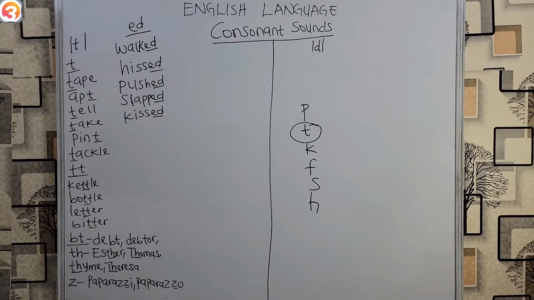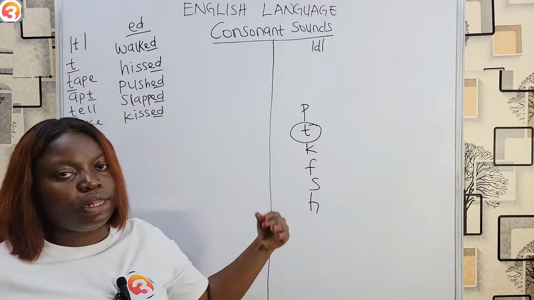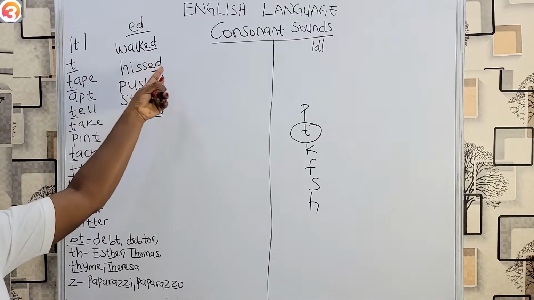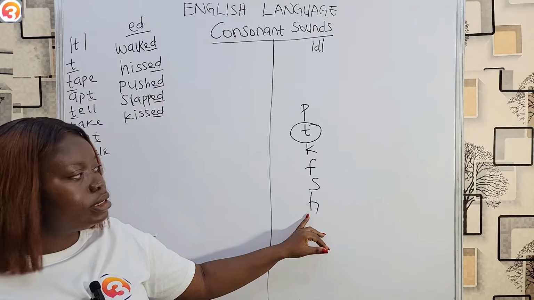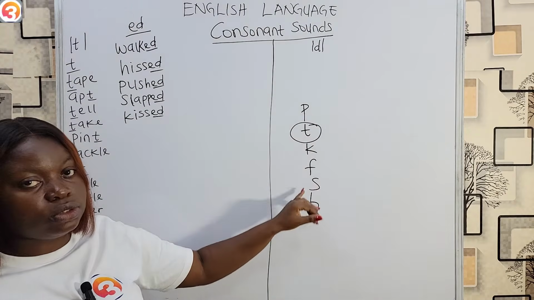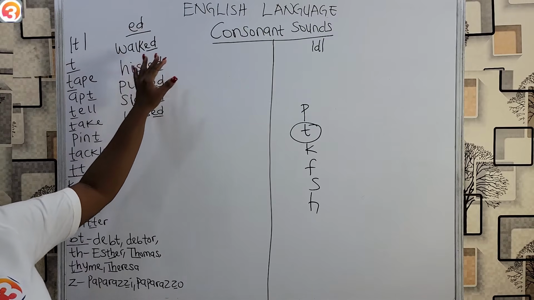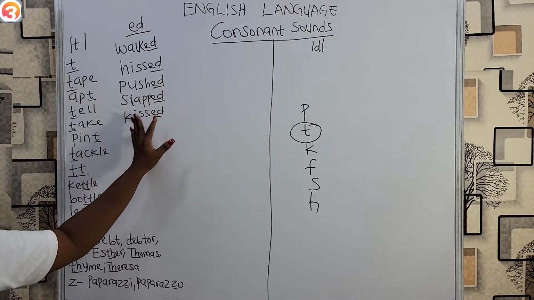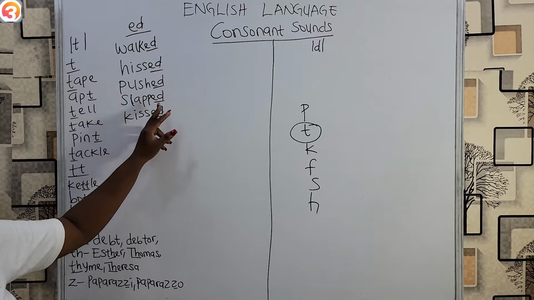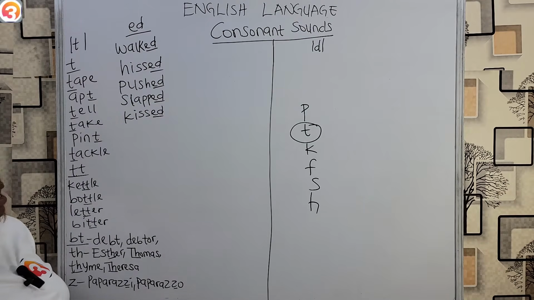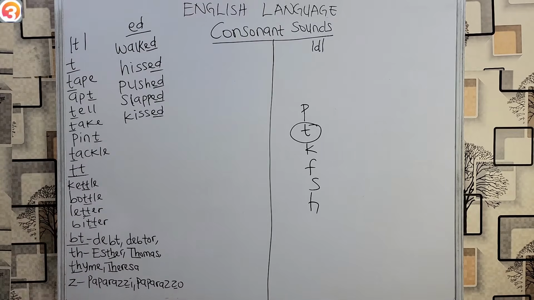So if you have verbs ending in these voiceless consonant sounds and you want to bring the past tense, which is adding ED, we pronounce them as consonant T. So this isn't walk-ed or hiss-ed or push-ed or slap-ed or kiss-ed. Rather, this is walkt, hisst, pusht, slapt, kisst. Once it ends in a voiceless consonant and you're bringing the past tense, it should contain consonant T.